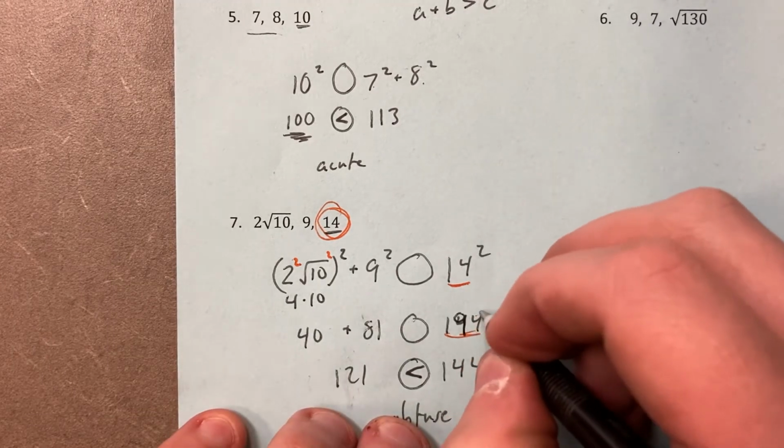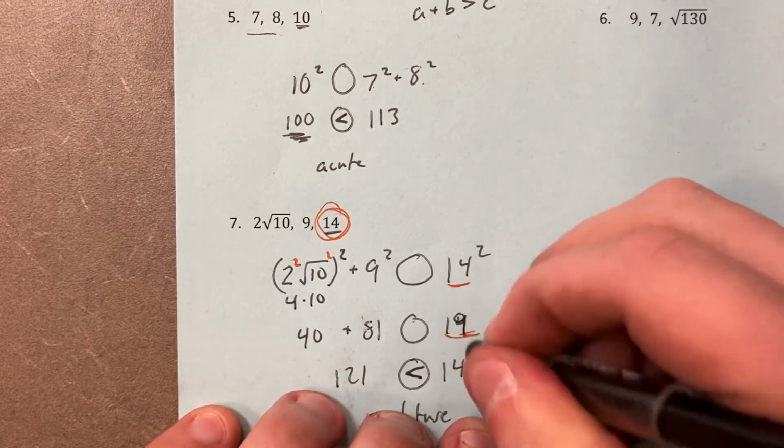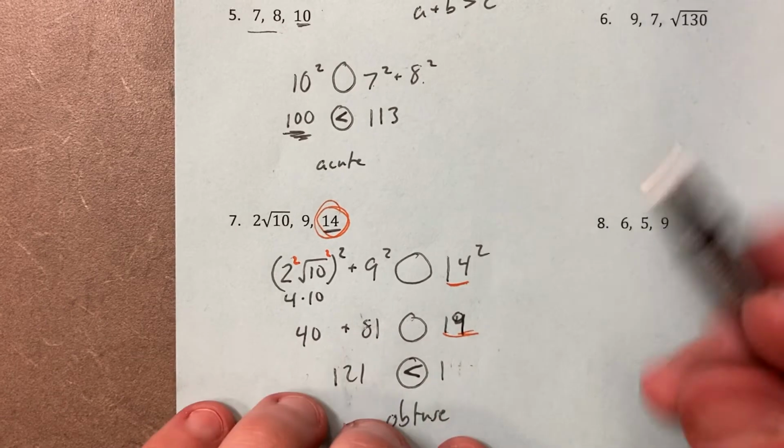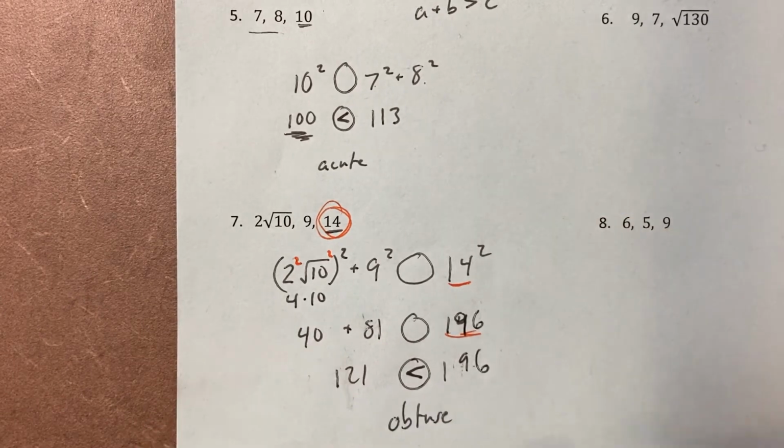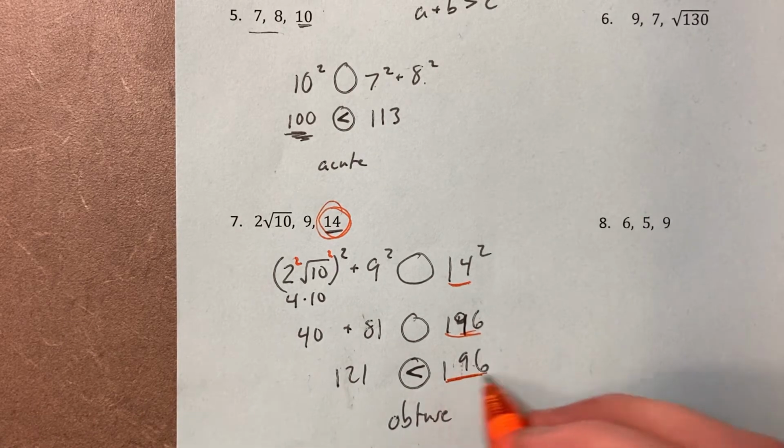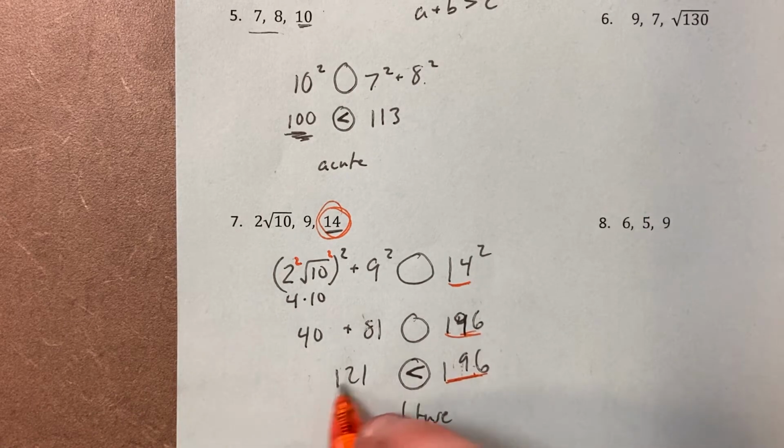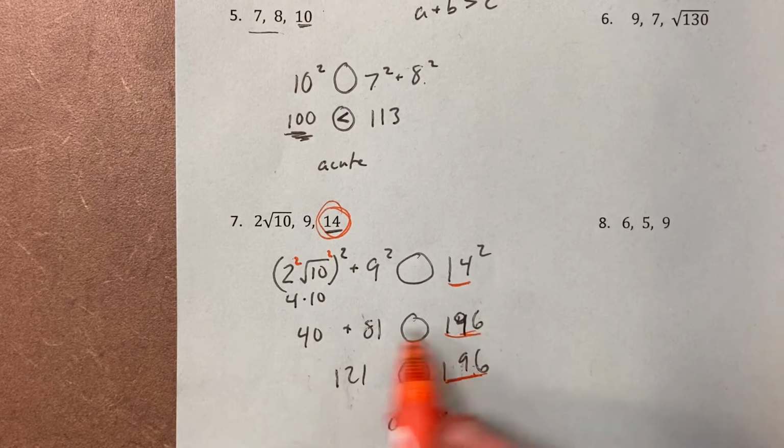Come on, Smitty. 196. Either way, it's still the same. It's all about the largest side. The largest side squared is bigger than the sum of the other two squared. So bigger means obtuse. This is an obtuse triangle.